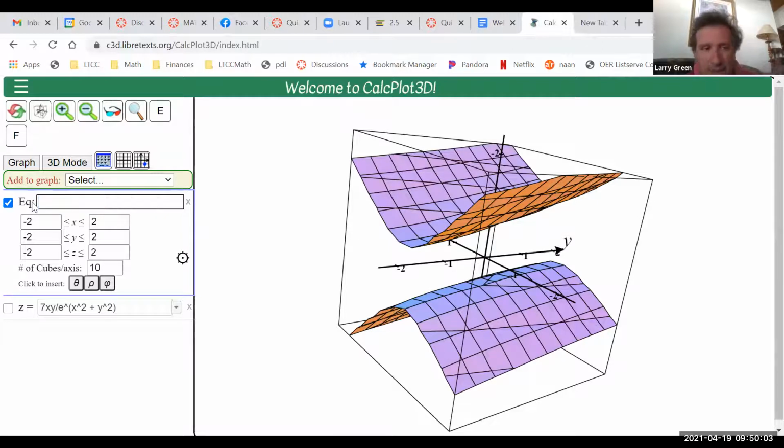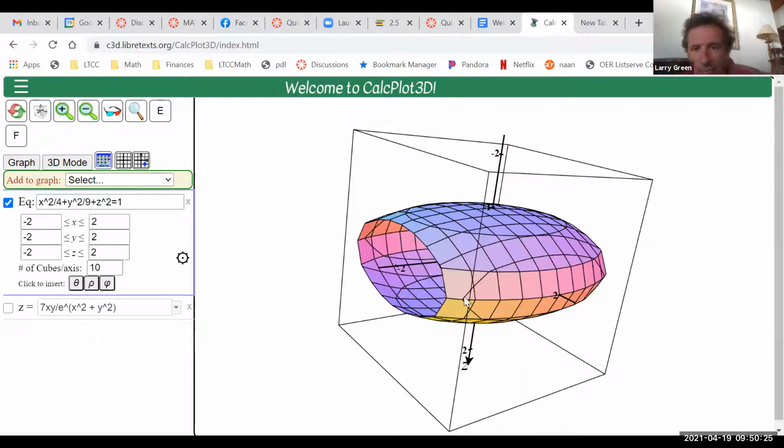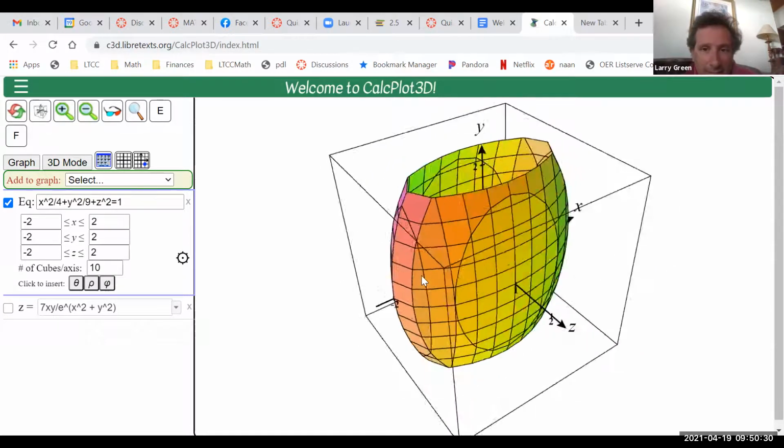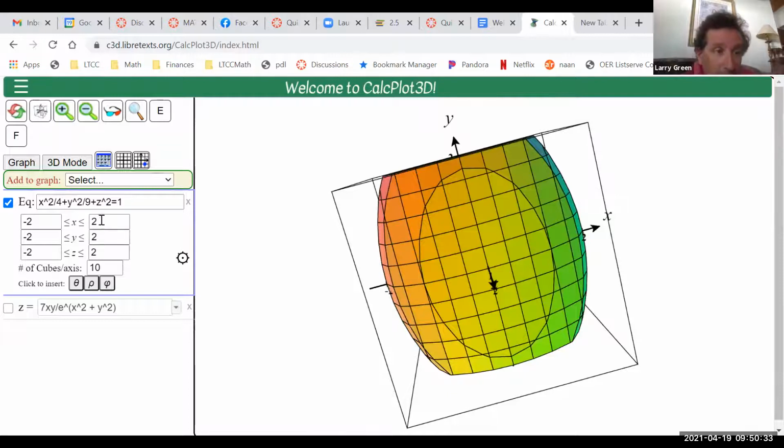So let's say you have x squared over 4 plus y squared over 9 plus z squared equals 1. So we can see we have this ellipsoid. Let me make these instead of 4, how about 4 out, and instead of 10, let's make it 30.